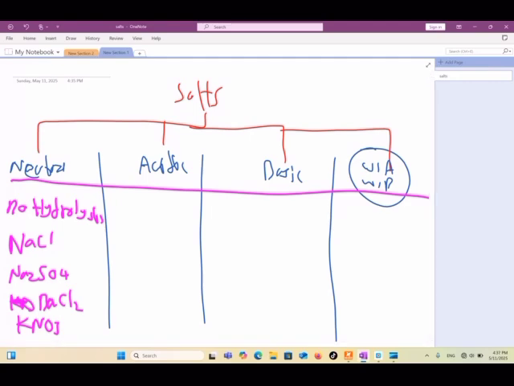How about acidic? For acidic, we obtain the anion from the strong acid, but the cation from the weak base, so it undergoes cation hydrolysis. Examples like NH4Br, NH4Cl, and so on.